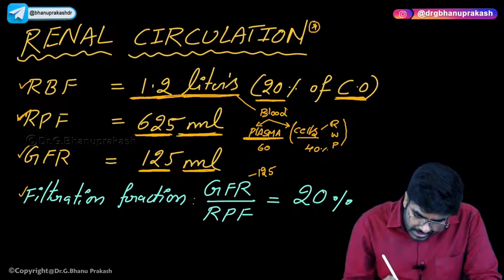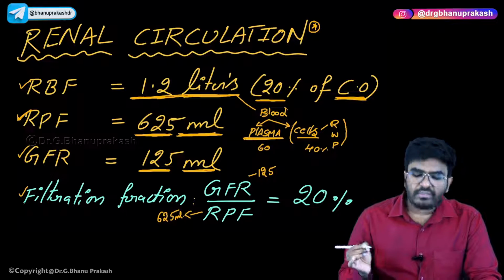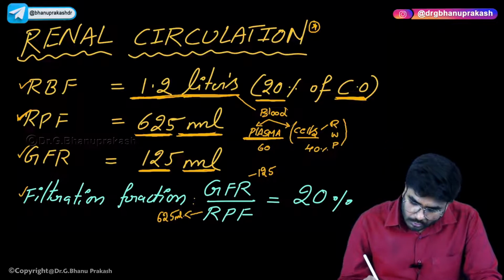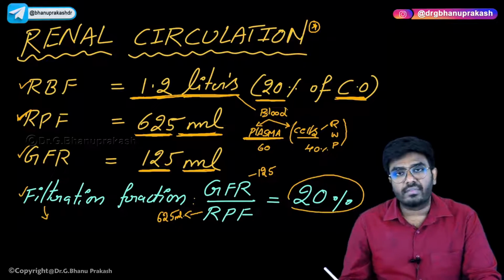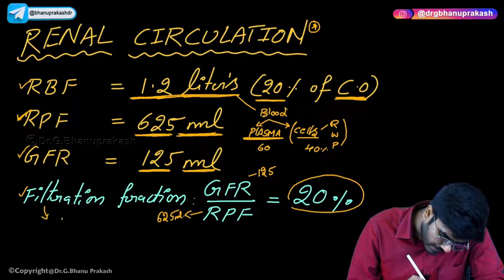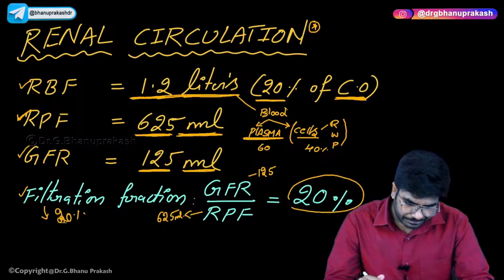And the renal plasma flow is 625 ml. So, 125 by 625 is somewhere around 20%. If someone asks you what is the normal filtration fraction, it is 20%. These are some important formulas which you need to keep in mind.